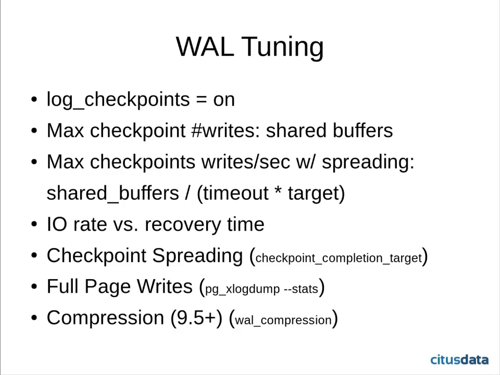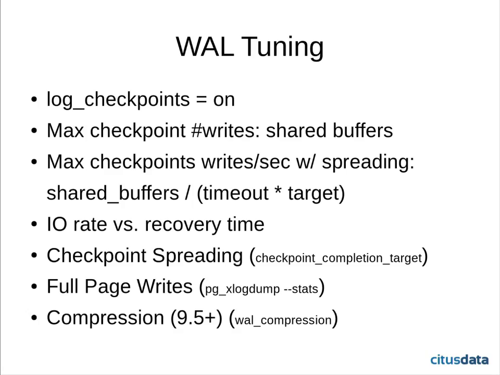So checkpoint_completion_target, which defaults to 0.5, means that it will try to delay the checkpoint completion over checkpoint_timeout. So if you set it to 0.5, it will try to delay the completion of the checkpoint for 2.5 minutes and spread the writes evenly over that period of time.